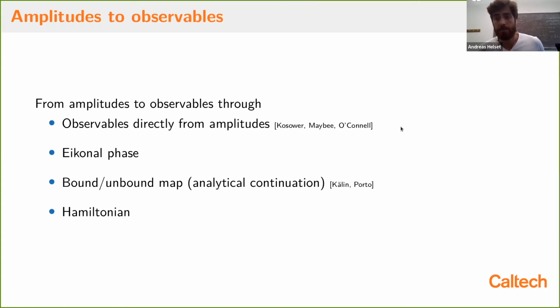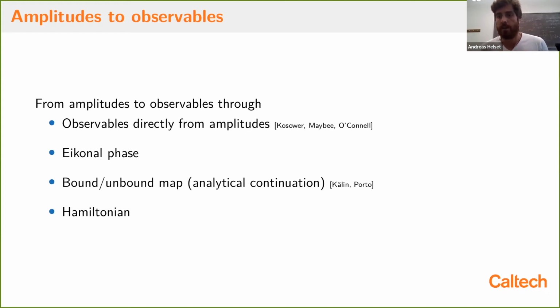You also might want to go through what's called the eikonal phase, which is related to the amplitude. And from that eikonal phase, you can calculate various observables as well. Another very interesting set of relations was developed by Kälin and Porto, which, through some analytical continuation, found several maps between observables in the unbound case and different observables in the bound case.